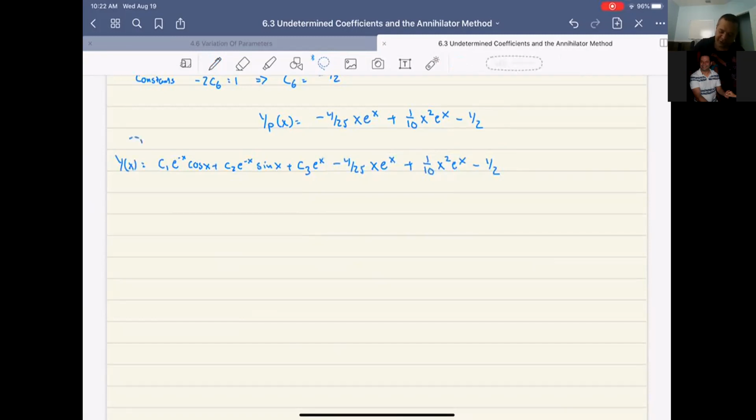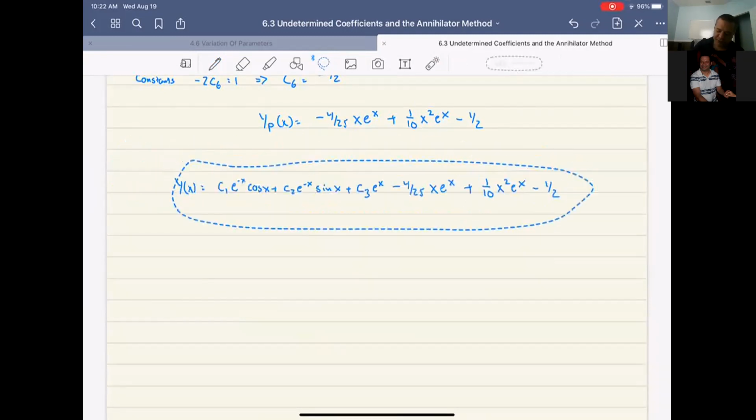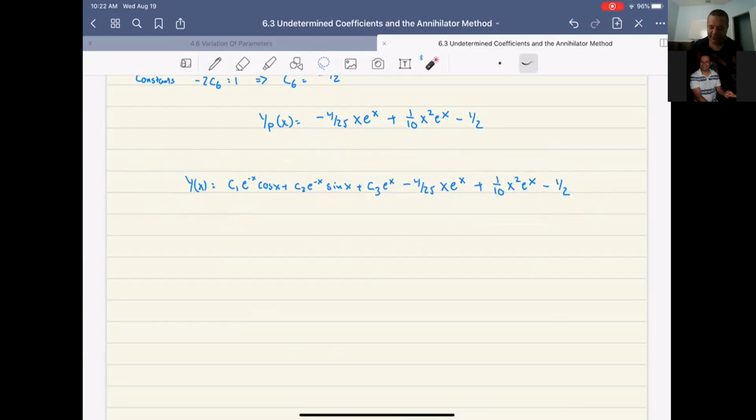So this is the general solution. And again, the c1, c2, c3, those are going to be found by initial conditions. Okay, that's the annihilator method.